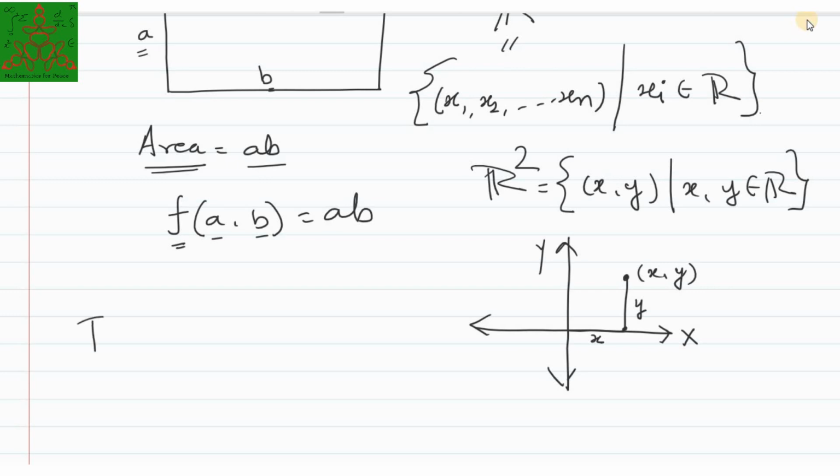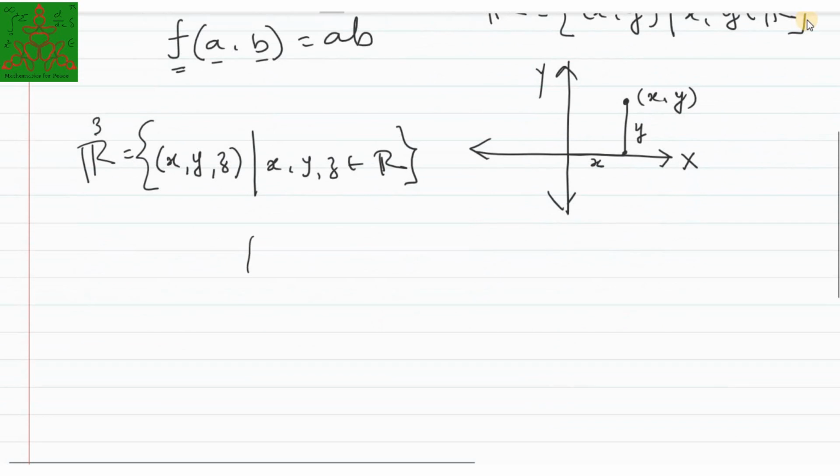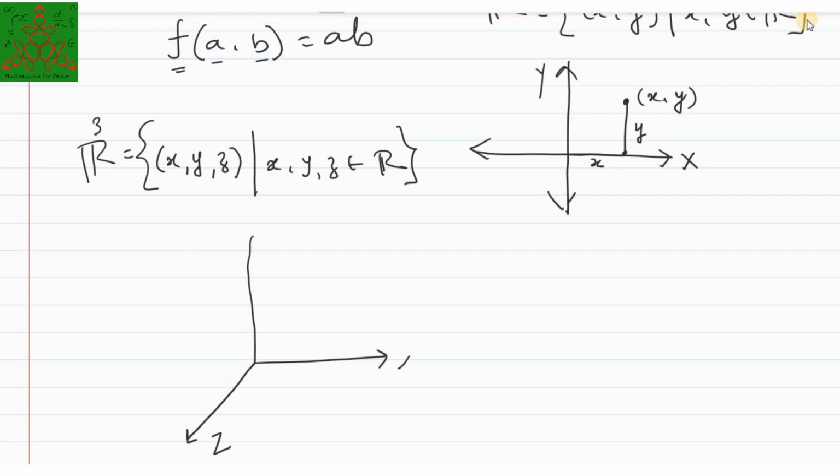And also you have R^3, which is the set of triplets (x, y, z), where x, y and z belong to R. Geometrically this will be represented as follows: if this is your z-axis, this is your x-axis, and this will be your y-axis, and if you have a point (x, y, z) in three dimensions, or in space, then if you draw a perpendicular on the xz plane, this distance is y.